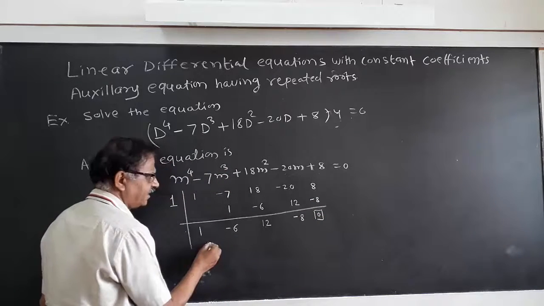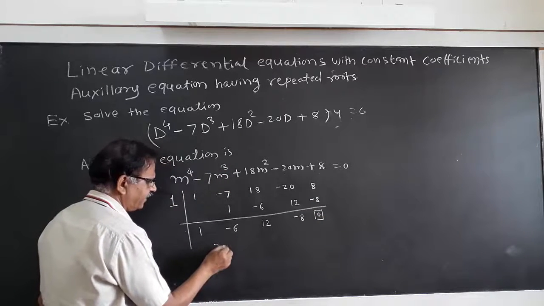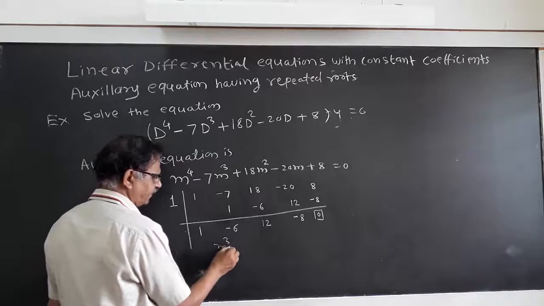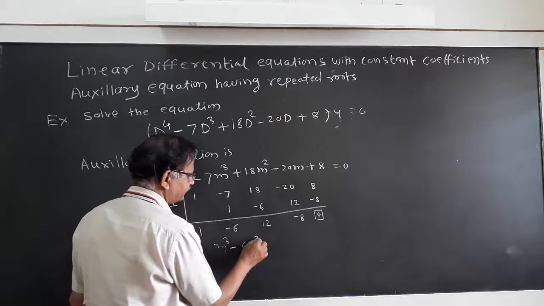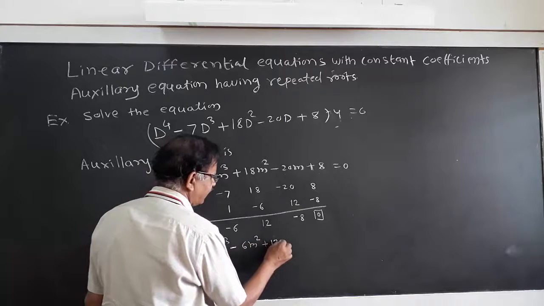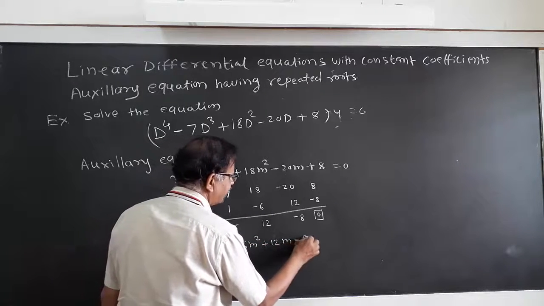Therefore, the new polynomial will be m cube minus 6m square plus 12m minus 8 equal to 0.